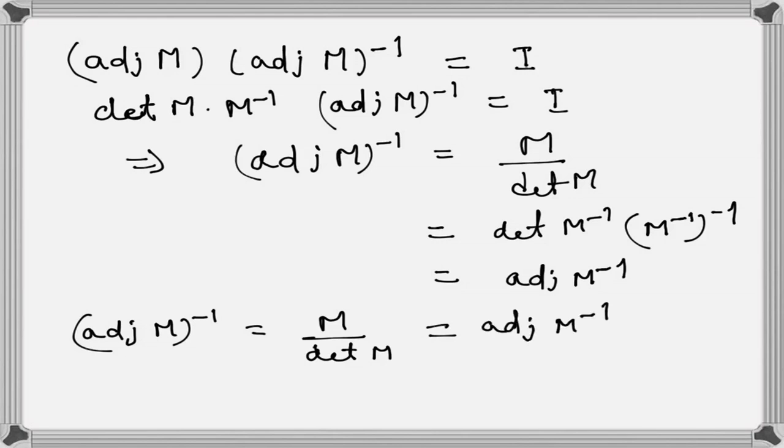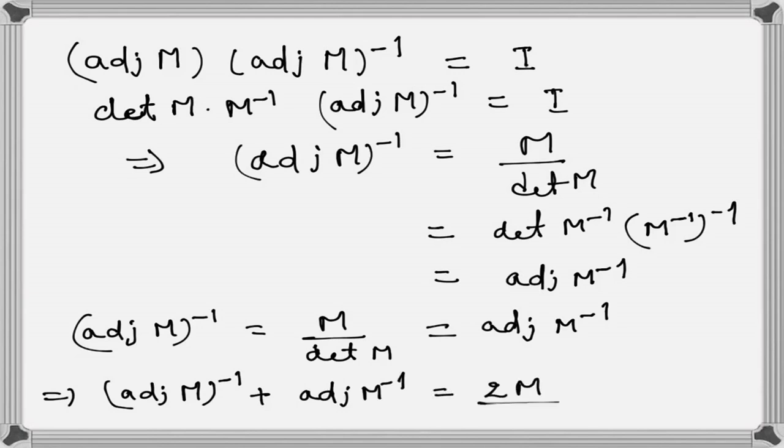Okay, so this means adjoint M inverse plus adjoint of M inverse is equal to 2M upon determinant of M, and determinant of M is minus 2, so this is equal to minus M. So this is what we wanted to prove, right?